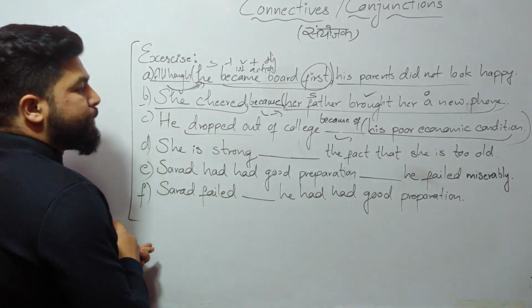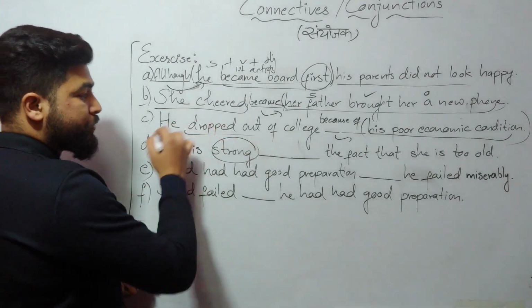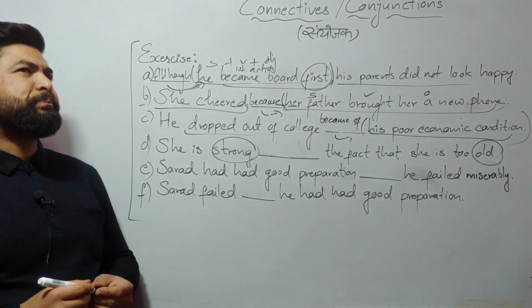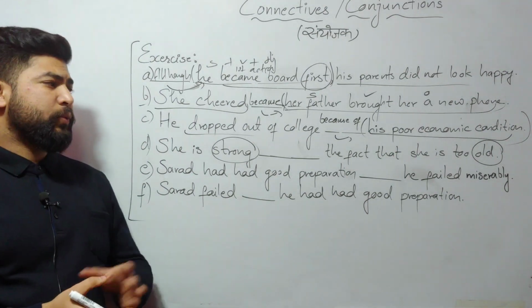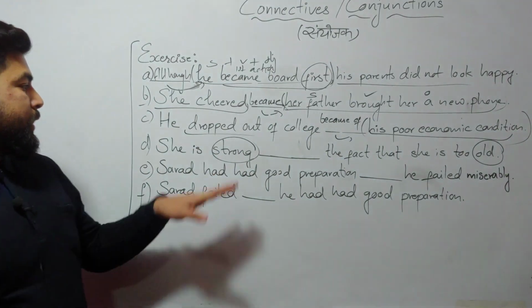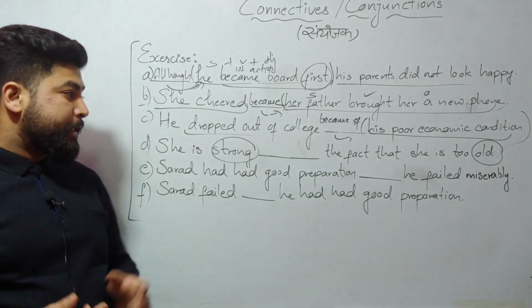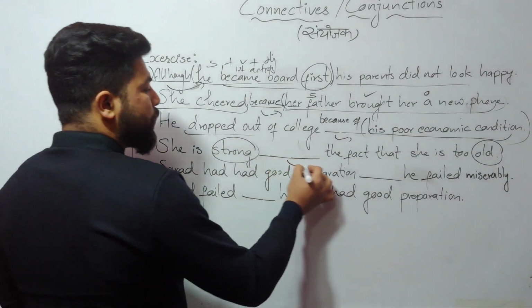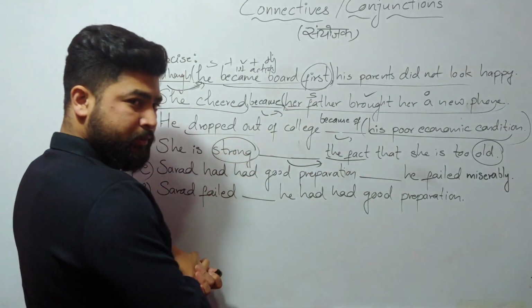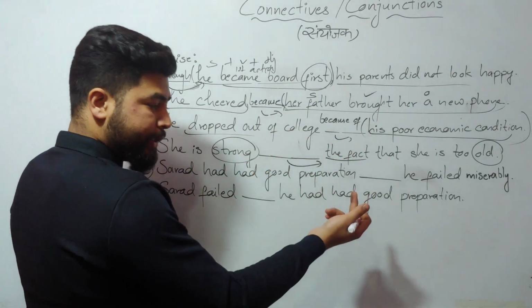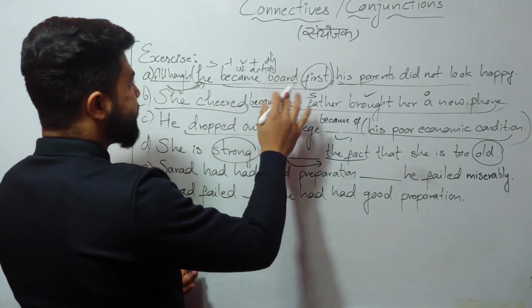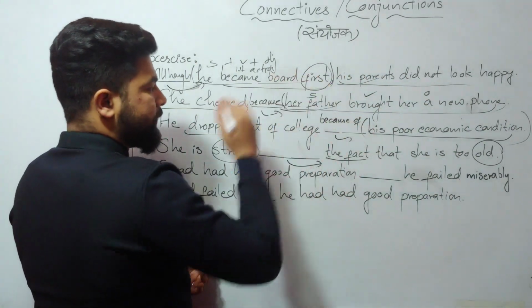D. She is strong, the fact that she's too old. So strong and old, that's conflicting. Because when you get old, you lose your strength, you become weak, something like that. Yes? So strong and old, they're conflicting. So this is a conflicting sentence, and you have to see what's after the blank space. Do you see subject, verb here? Because you have to see immediately after it, okay? Like we have a subject here, her father.